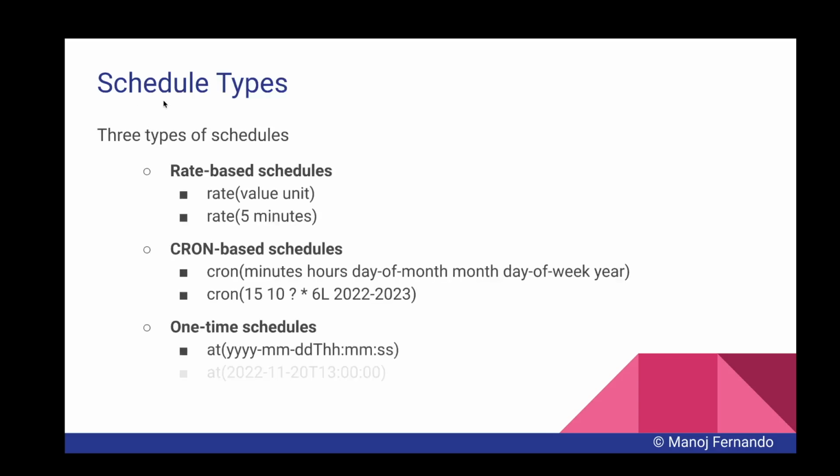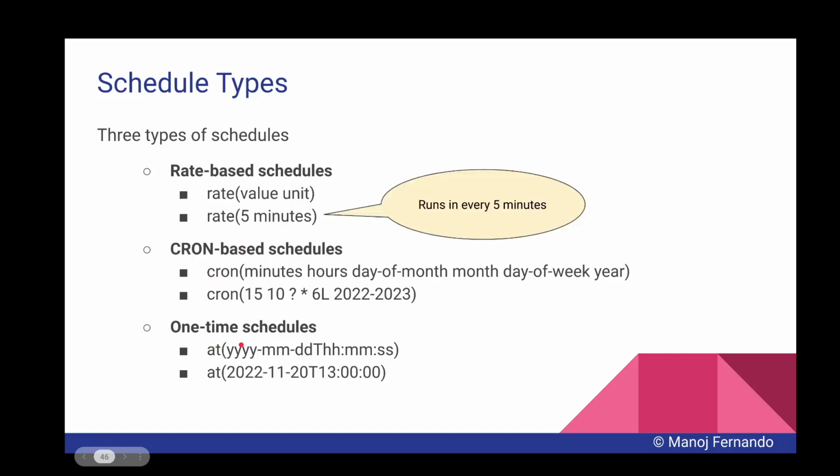Okay, so let's talk about schedule types. We already discussed this. There are three types of schedules: the rate-based schedule, cron-based schedules, and the one-time schedule. Like we already mentioned and saw in the AWS Console, with a rate-based schedule we can set a schedule to run every 5 minutes, 2 hours, every day, and so on.